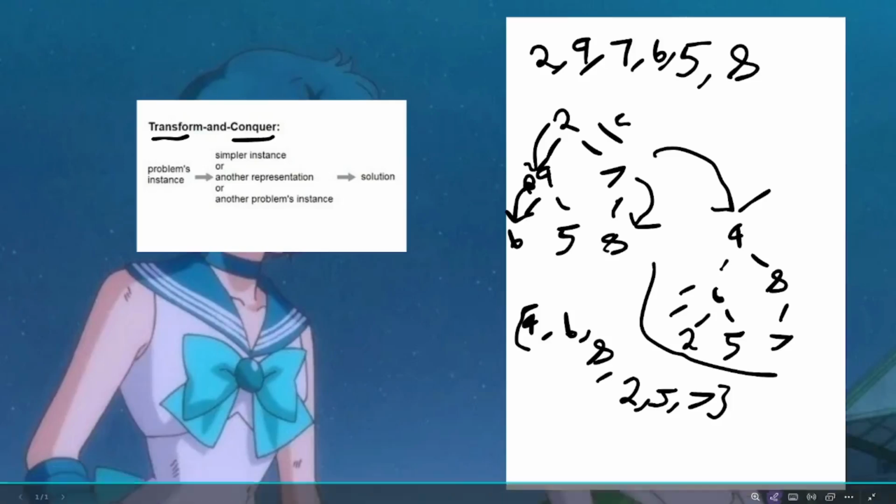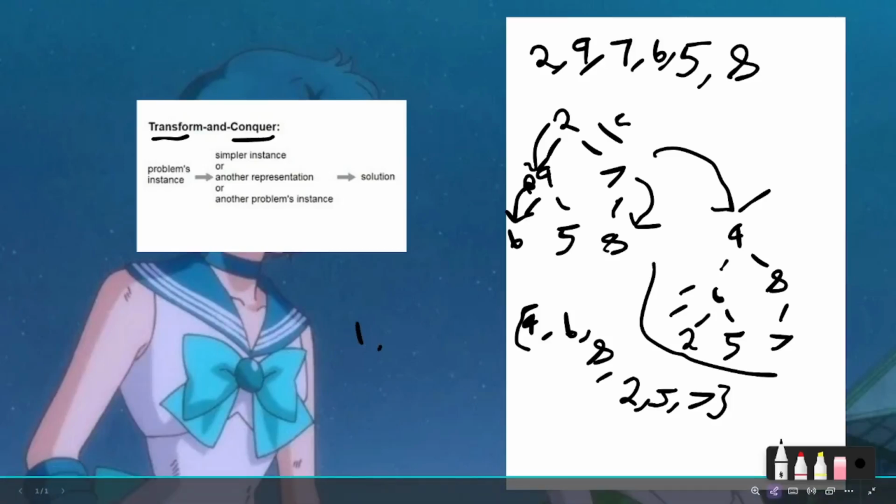So then, for the process of a heap sort, we'll want to do 1. Switch the root with the rightmost position in the heap. And then we'll want to do the process of heapify, so basically fix it so that it's a heap again.